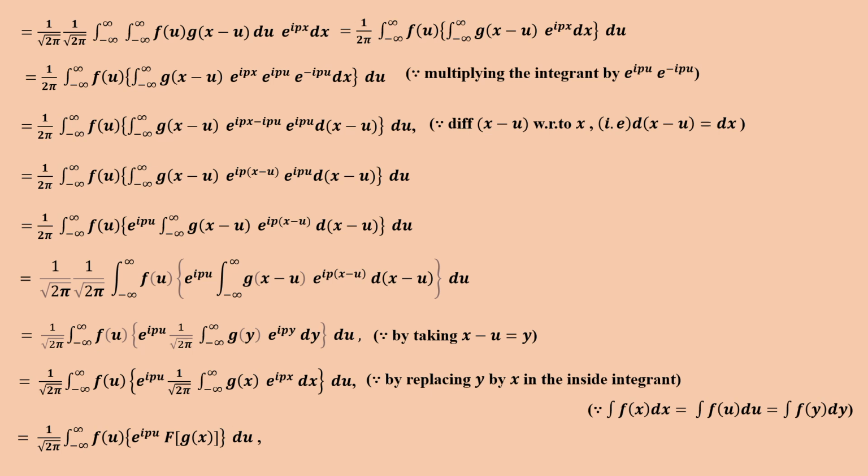See, 1 by root 2 pi integral from minus infinity to plus infinity g of x e power ipx dx is nothing but the Fourier transform of g of x, from equation number 1, from the definition of Fourier transformation, which is equal to 1 by root 2 pi integral from minus infinity to plus infinity f of u e power ipu du into the Fourier transformation of g of x.